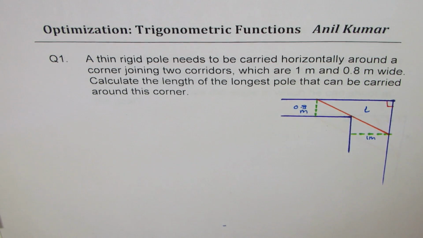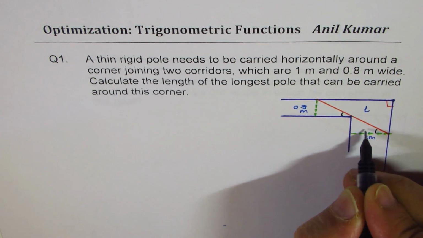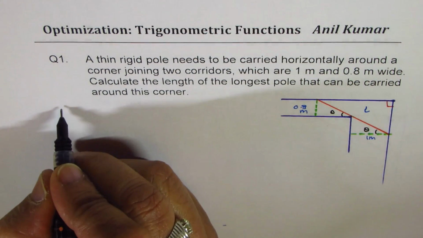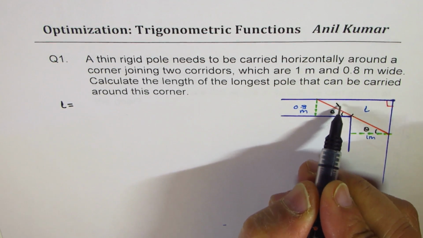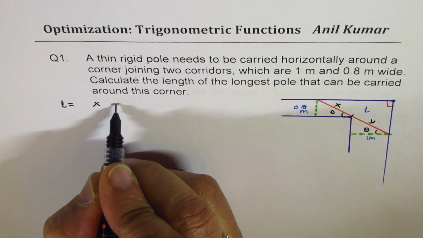Now in this particular case, what we can do is we can think about the angle made by the pole as theta, and we can write L as a combination of these two lengths. So let me call these lengths x and y. Okay, so we can say L is a combination of x and y.